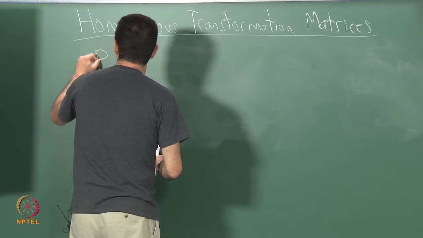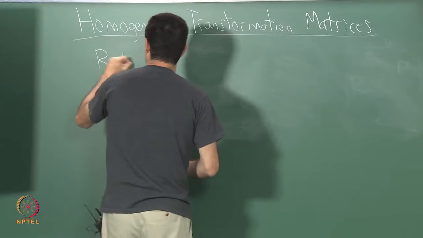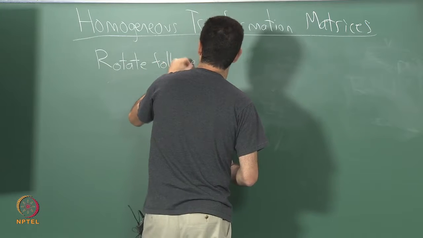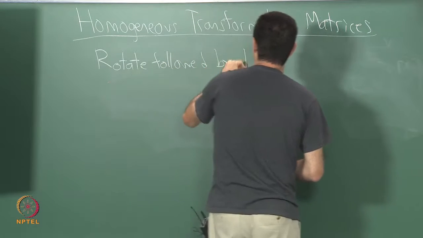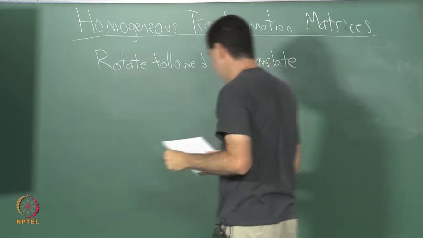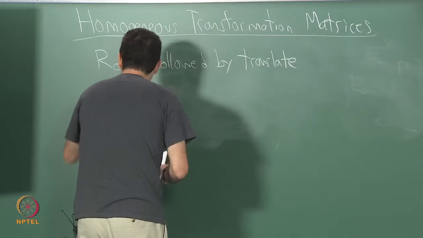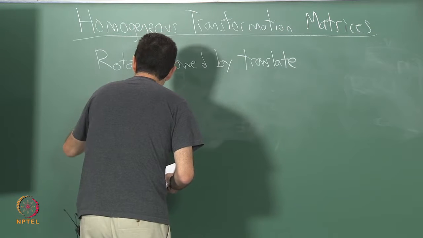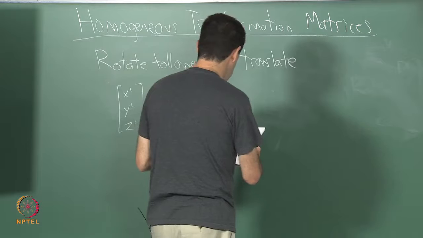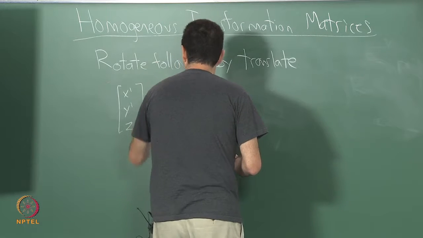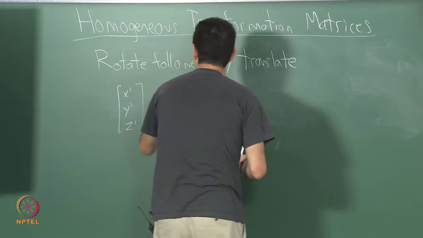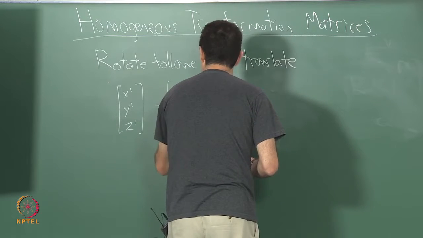So one way to achieve that is to do rotation followed by translate. In other words, I get my transformed point x prime, y prime, z prime by multiplying out this rotation matrix R, which I'll again not write all the entries in, but just put dots here.